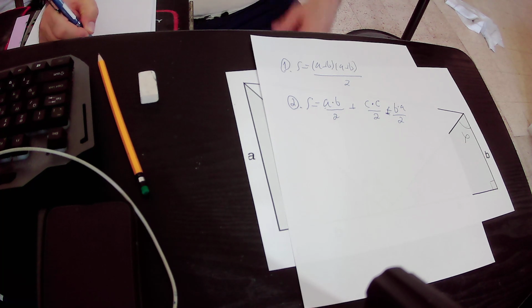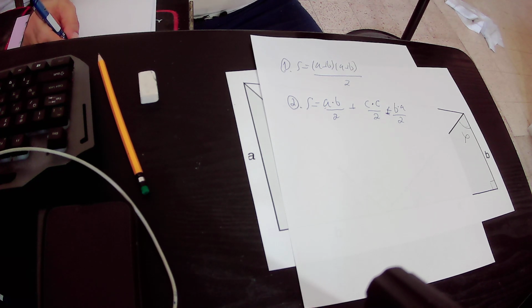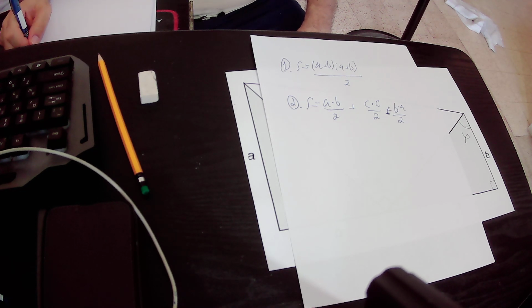So we can say that A plus B times A plus B divided by 2, the area of the trapeze when we calculated it in the first way, equals the area of the trapeze as we calculated it in the second way. So expression 1 equals expression 2. So it equals A times B divided by 2 plus C times C divided by 2 plus B times A divided by 2.